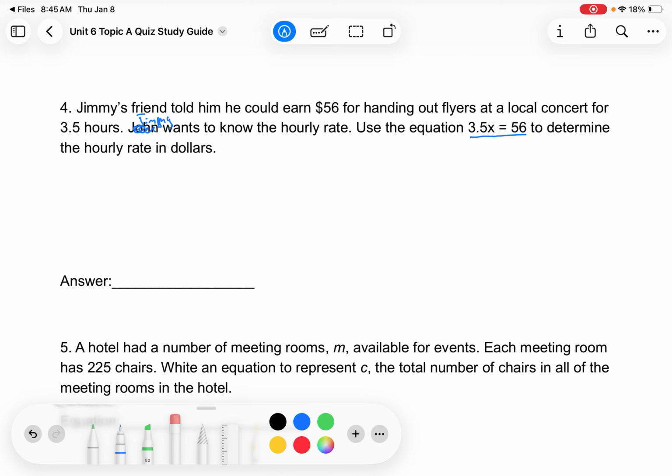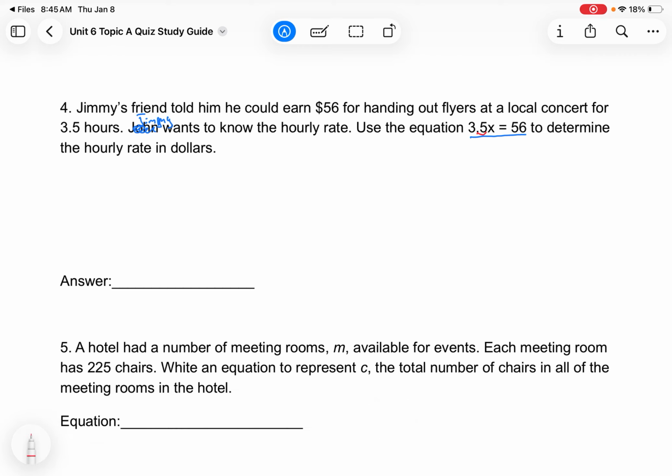The quicker and easier way would be move the decimal, and make that 560. And so we do 35 into 560.